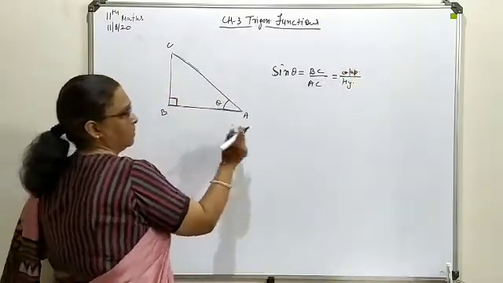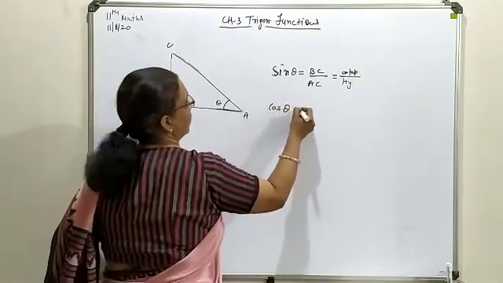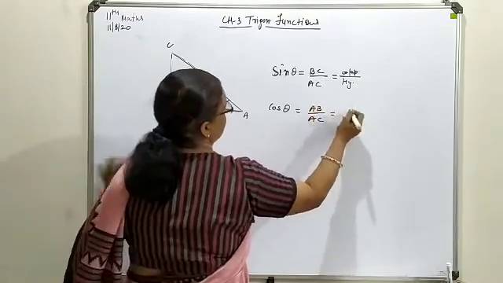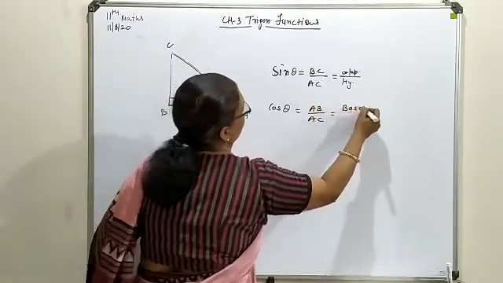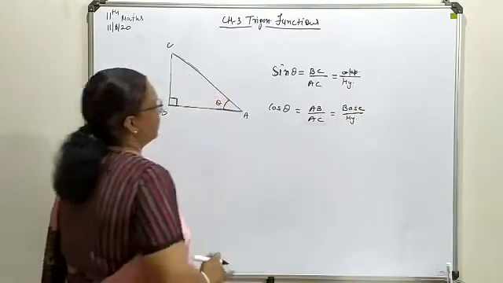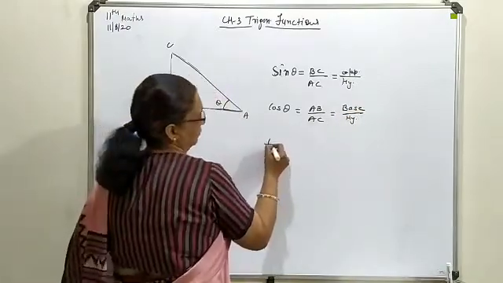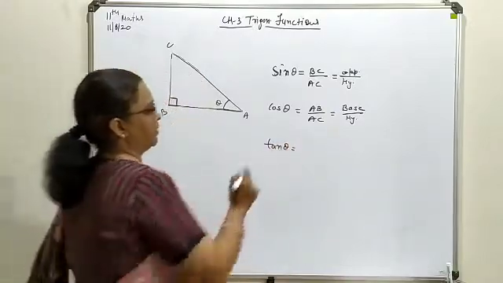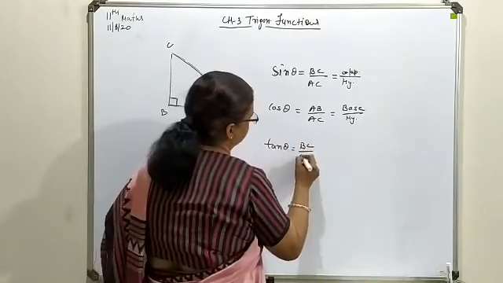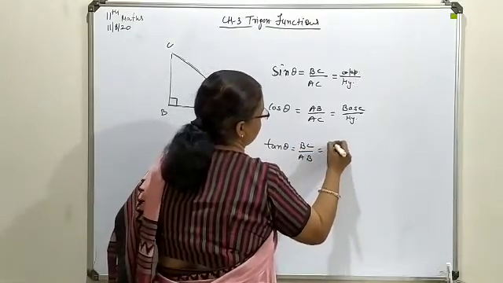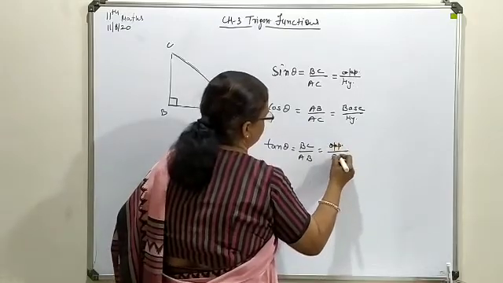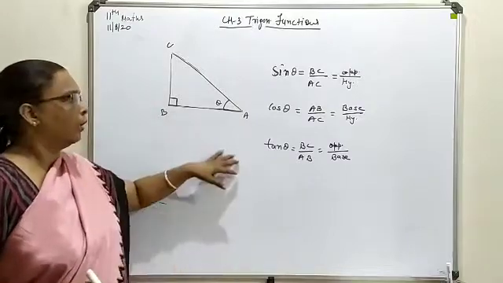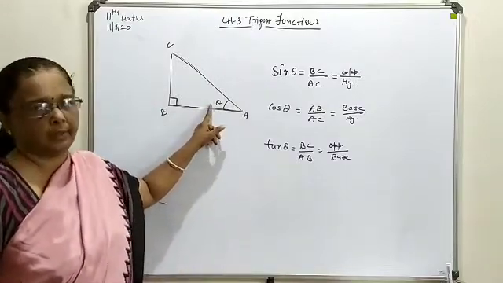Next we define cos, that means AB upon AC, means base upon hypotenuse. Next is tangent, that is opposite side upon base, means BC upon AB.